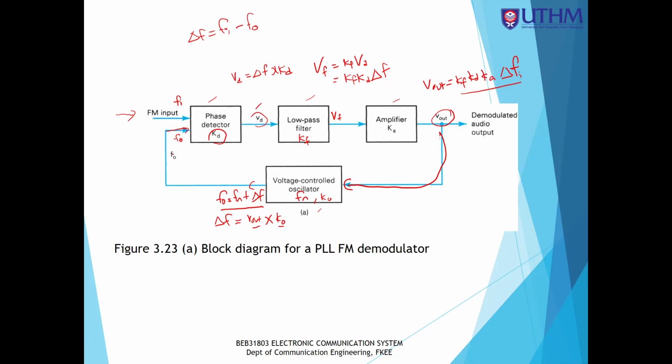Okay, so it will produce the FO, and it will be inserted to the phase detector again. So that means in the VCO, voltage control oscillator, what it will do is that it compares the input voltage, the difference in terms of input voltage, to produce the output frequency. VCO ini dia akan compare voltage dan menghasilkan output frequency.